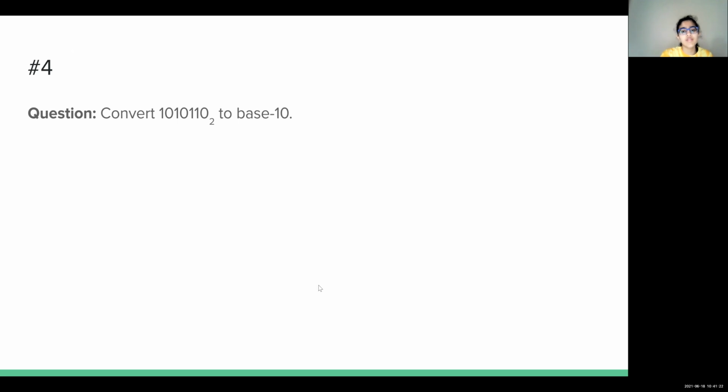And if it helps you any, write out 2 to the power of 0, 2 to the power of 1, and so on. Okay, so I've gotten 3 answers. No, 4. 5. I think I've seen 1 wrong answer so far.